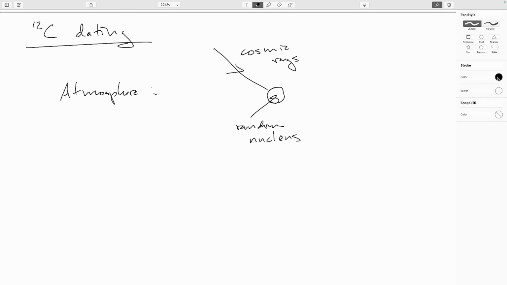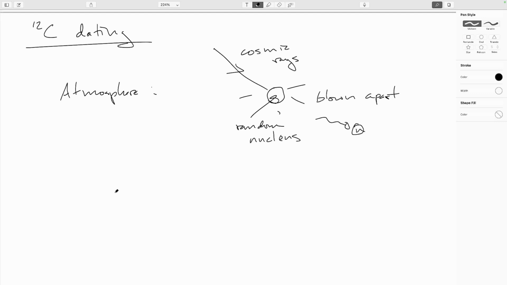They'll blow these things apart. And what's important to us here is that some of the things that come flying out of this are neutrons.